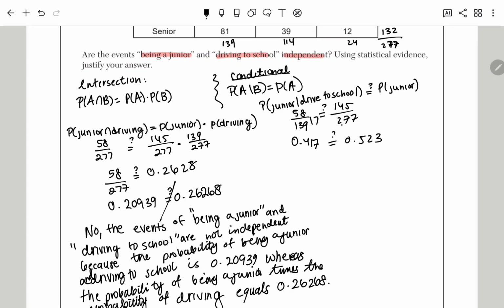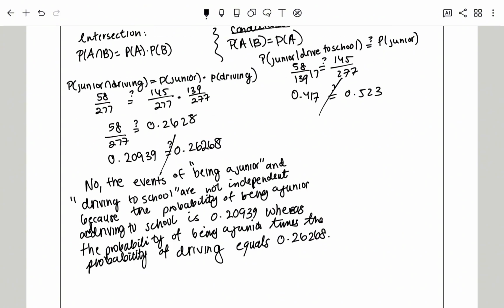And so we can see that they're not equal. So again, they are not independent because the conditional probability of being a junior, given that you drive to school, is not equal to the probability of being a junior. So there's two ways to solve this question. Just make sure that you show your work and then you give your justification.